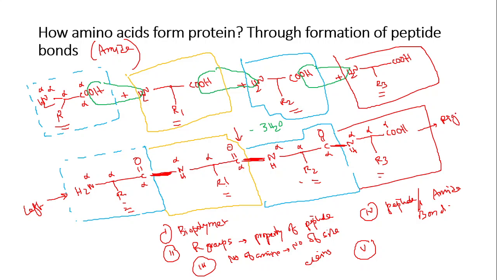When you are writing a peptide formula also, a peptide chain should start from the amino or N-terminal, N being the nitrogen of the amino group, on the left side, and the COOH or C-terminal on the right side. Those are the key things. This is where I will stop this lecture, and we'll take it up from here.